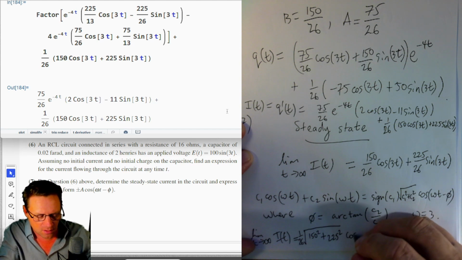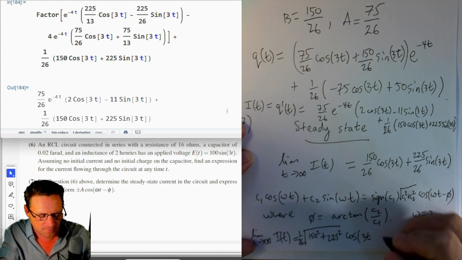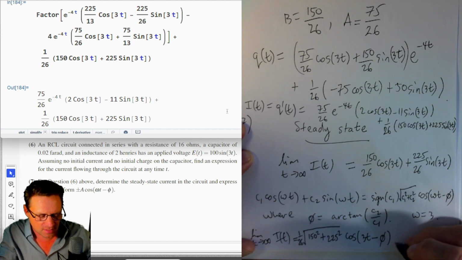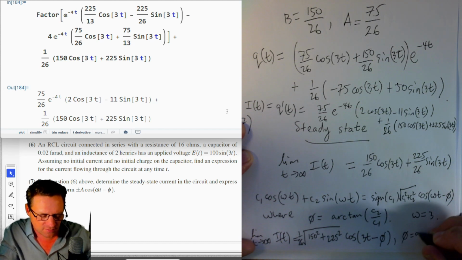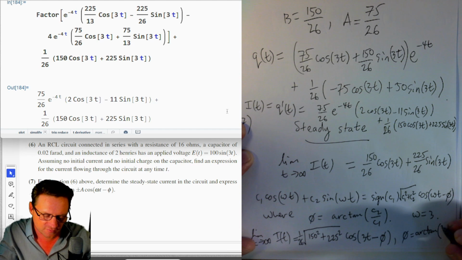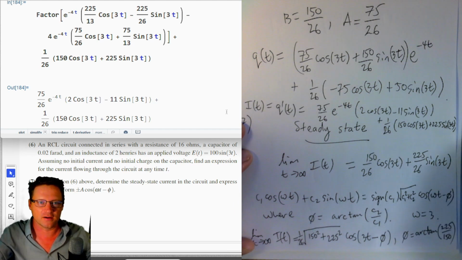And then we have cos of 3t minus phi, where phi is equal to the inverse tangent of the ratio C2 over C1. Now that would be 225 over 150. And I'll leave it there.